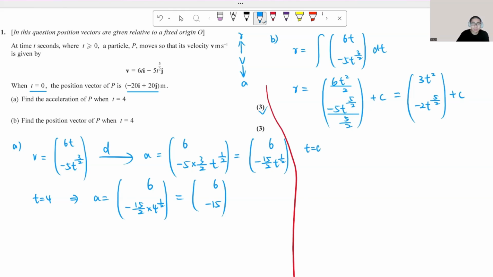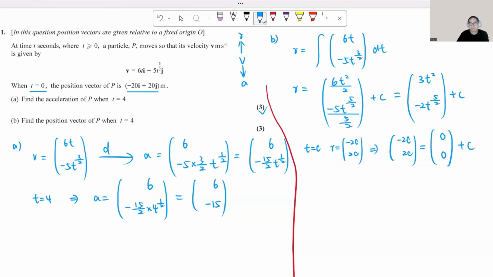So when t equals 0, r is equal to negative 20i and 20j. Substitute that in. We have negative 20 and 20 equal to 3 times 0 squared, that would just be 0, and then negative 2 times 0 to the power 5 over 2. Again, 0 to the power anything is 0, and times anything is also 0.